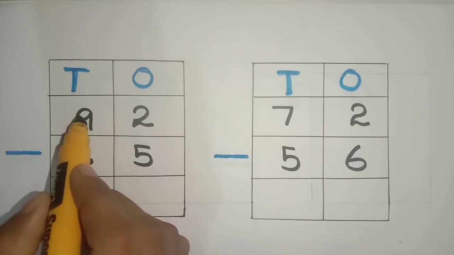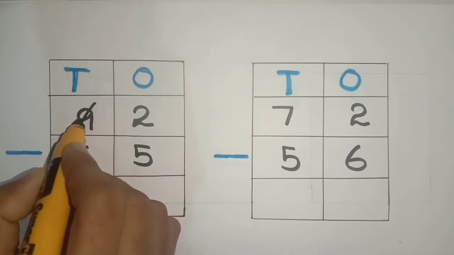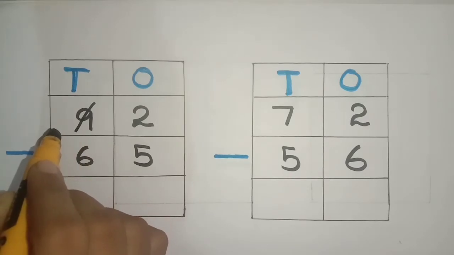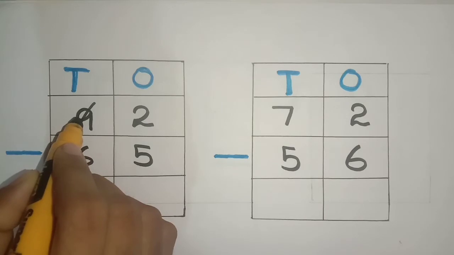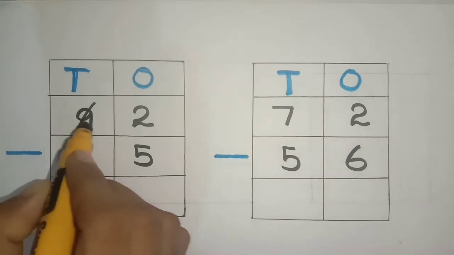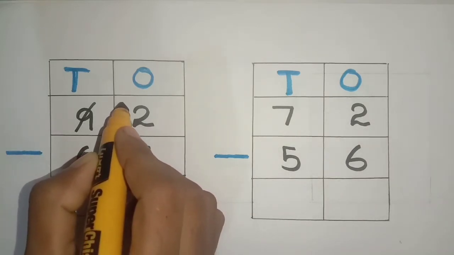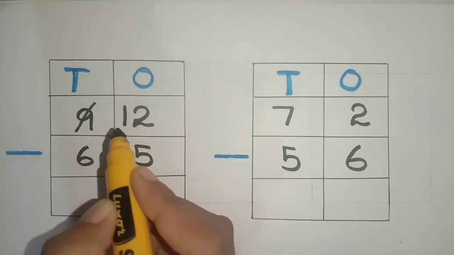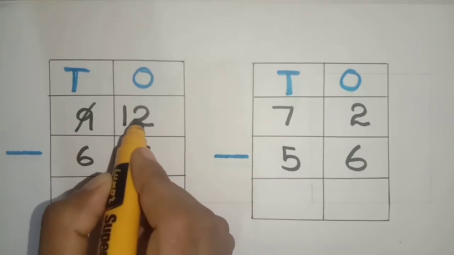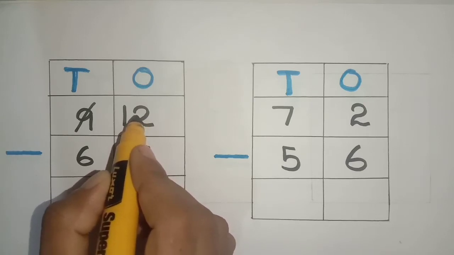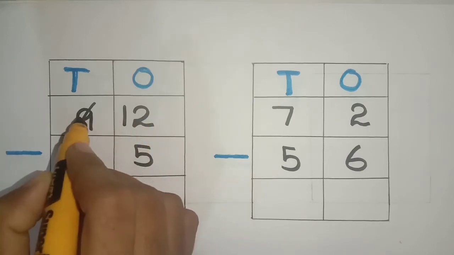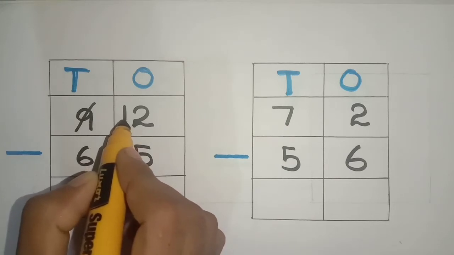So we have to borrow one from the next place. One ten we take, and we write it here, and the number becomes 12. Already 2 is here, and we took one from the next place, so the number became 12.